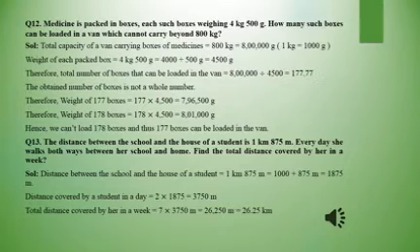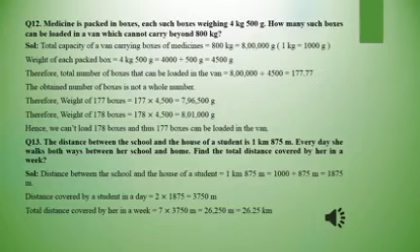So our solution goes like this, that is, total capacity of a van which is carrying the boxes of medicine is equal to 800 kg as given by the question. So as in the previous questions we convert kg here into grams. So 800 kg is equal to 8 lakh grams, because 1 kg is equal to 1000 grams. And weight of each packed box is equal to 4 kg 500 grams.